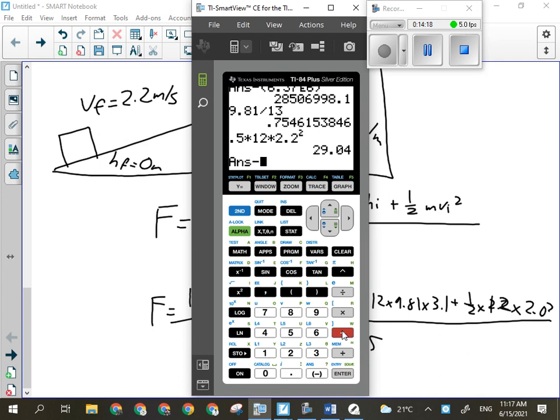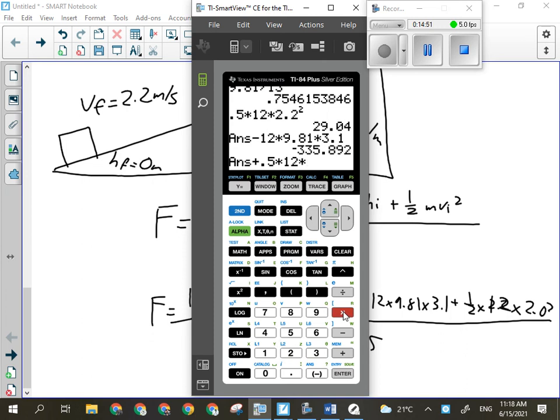All right, minus 12 times 9.81 times 3.1, plus 0.5 times 12 times 2 squared, basically 4.